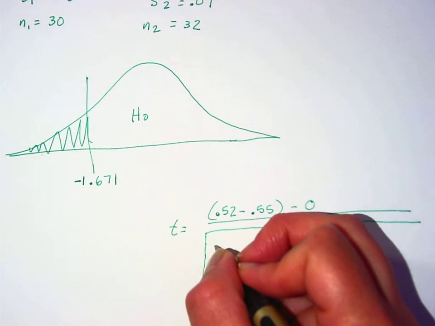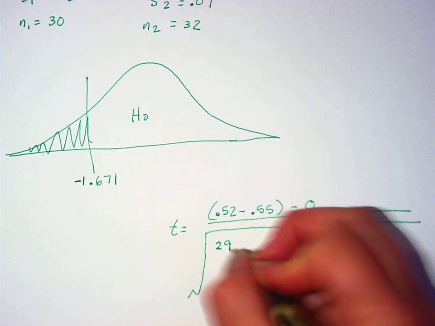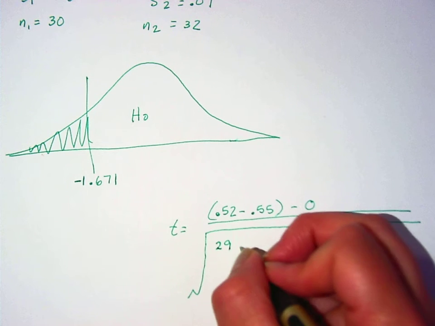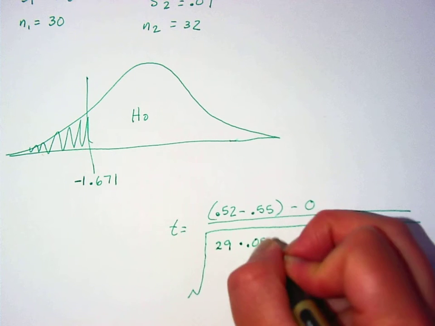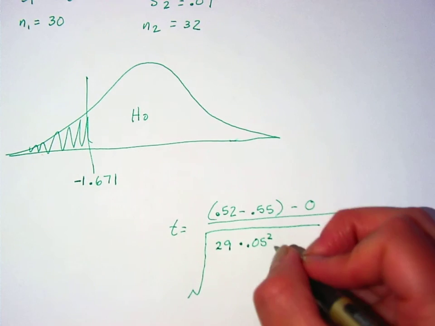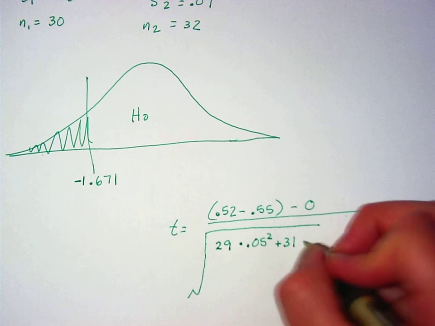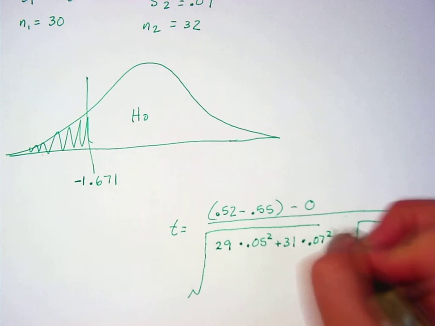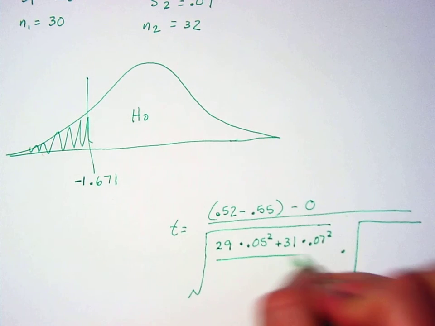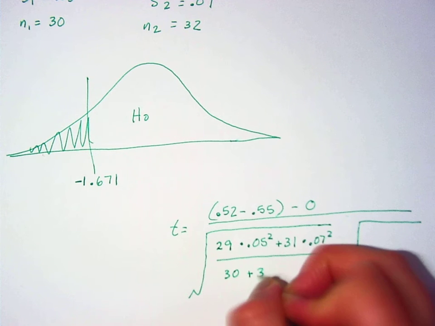All right, the first one is n1 minus 1, which is 29, times 0.05 squared, because that's that first standard deviation squared, plus n2 minus 1, that's 31, times 0.07 squared, because that's that second standard deviation squared, all divided by the sample sizes added together, minus 2.